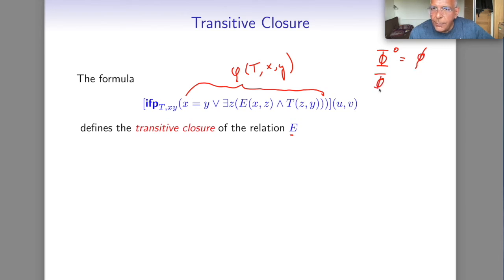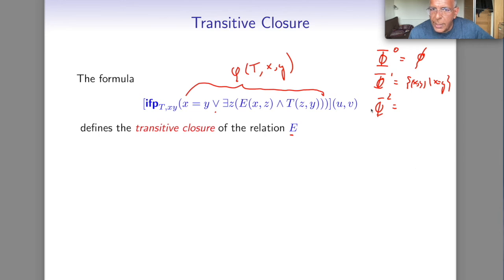What is phi 1? You substitute the empty relation for T. This T z y is always false because T is empty, but this disjunction is true whenever x equals y. So this will give you all the pairs x, y such that x equals y.